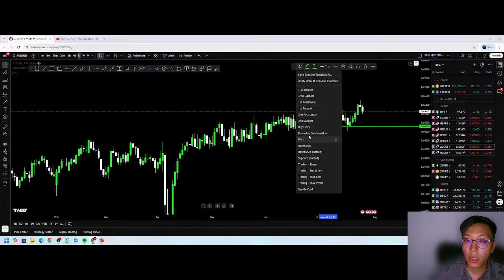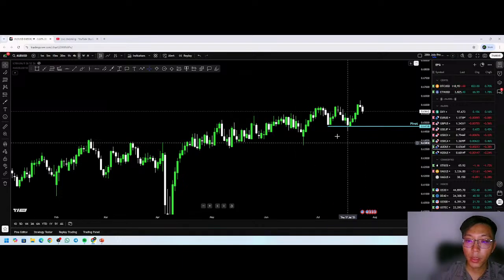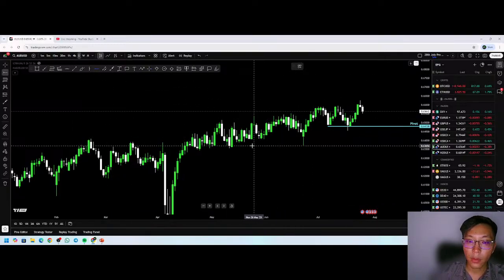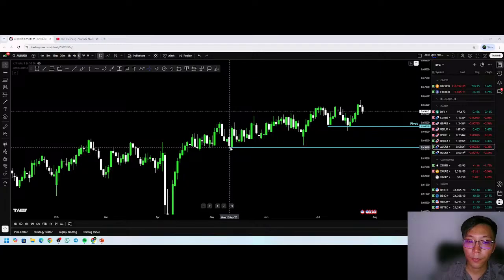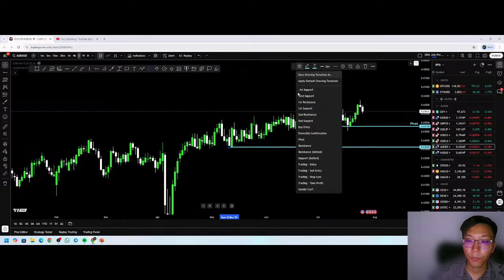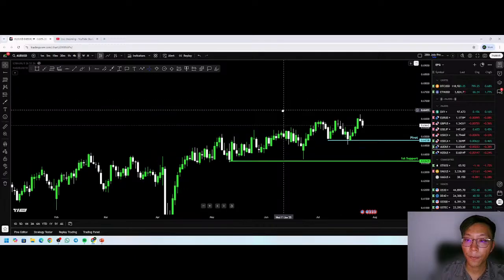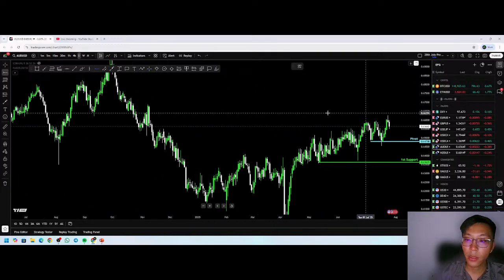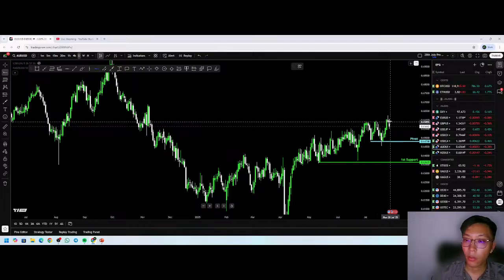bullish, this is the pivot point, and then we are looking at this area for our support. And then as for our resistance, we will reference this area over here.